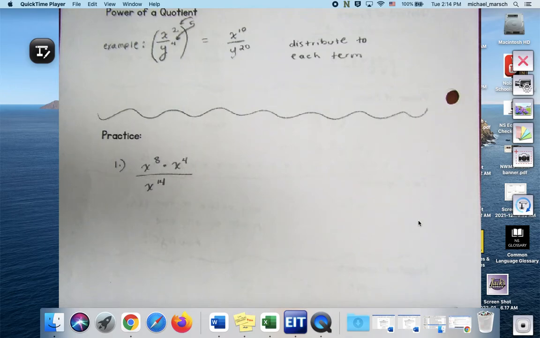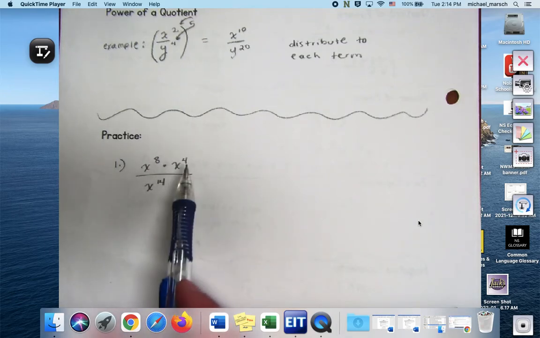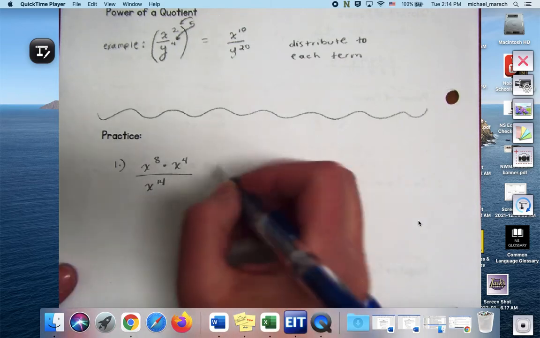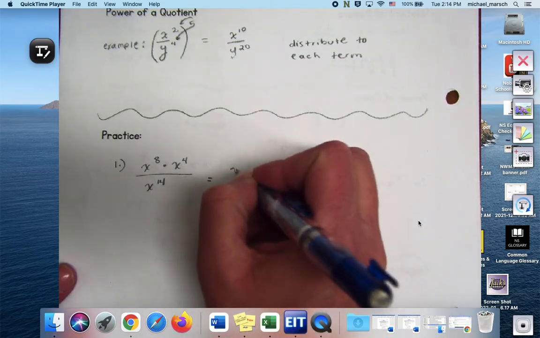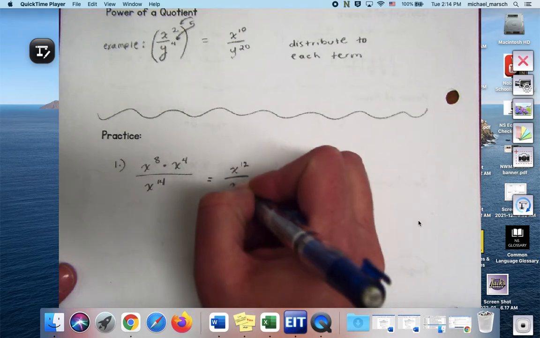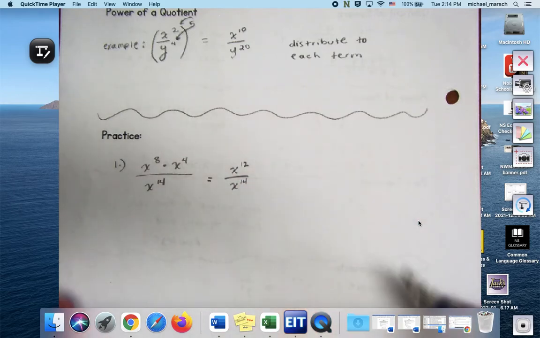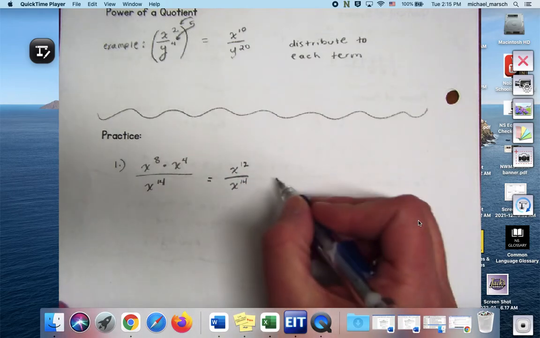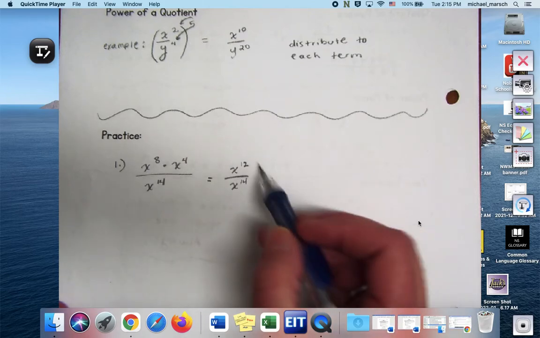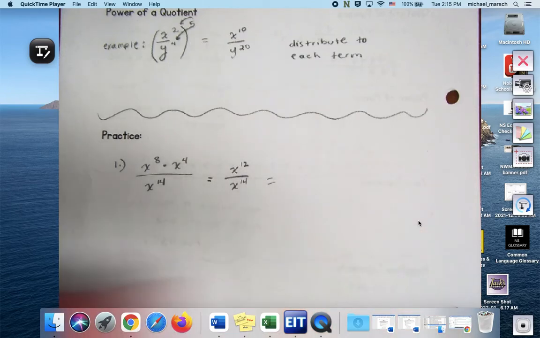By multiplying these, what are we actually doing with the exponent? Adding. So you would get x to the 12th, and you would bring over x to the 14th. Perfect. Now there's really only one thing we can do. We're down to just two terms. What would I do with that 12 and 14?